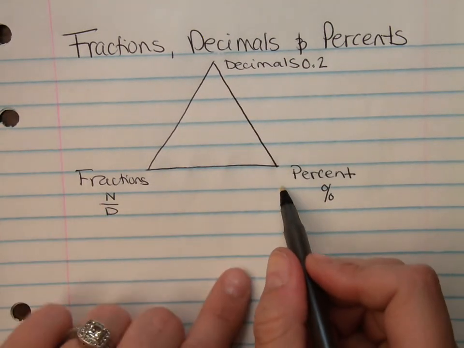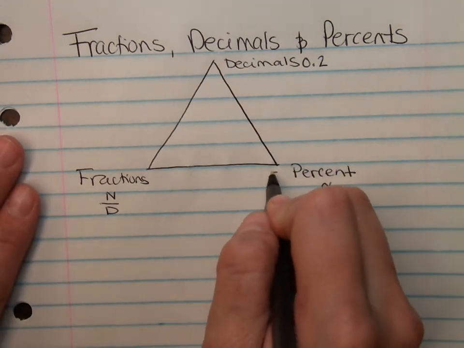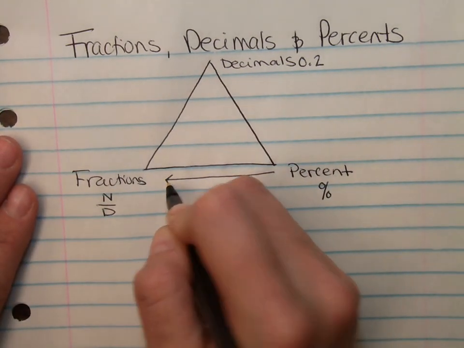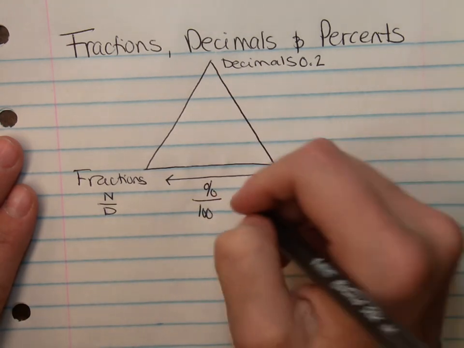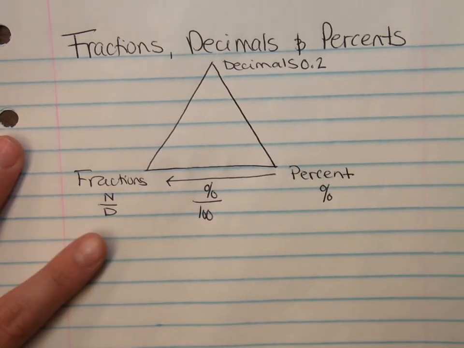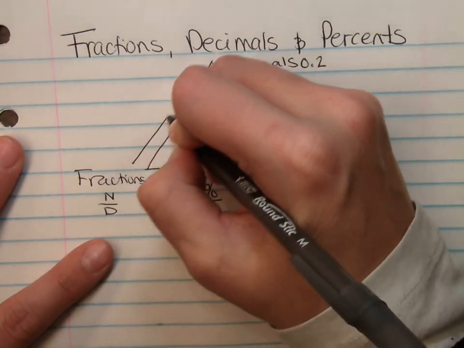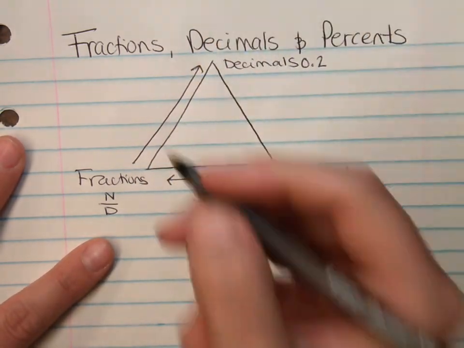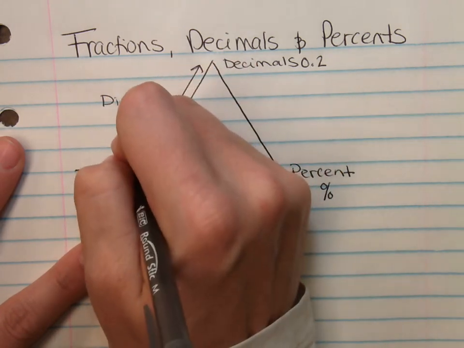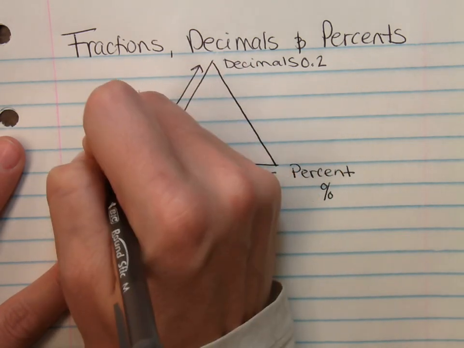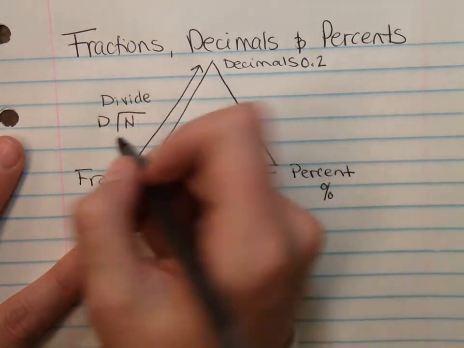So if you want to go from a percent to a fraction, you put the percent over 100. If you want to go from a fraction to a decimal, you divide with the numerator inside and the denominator outside.